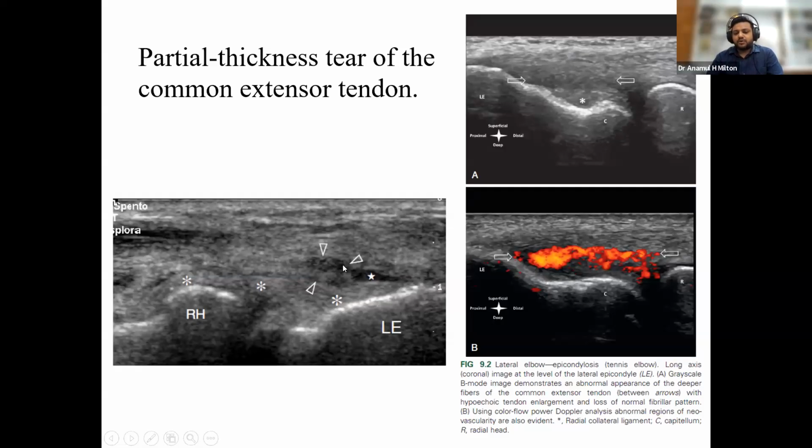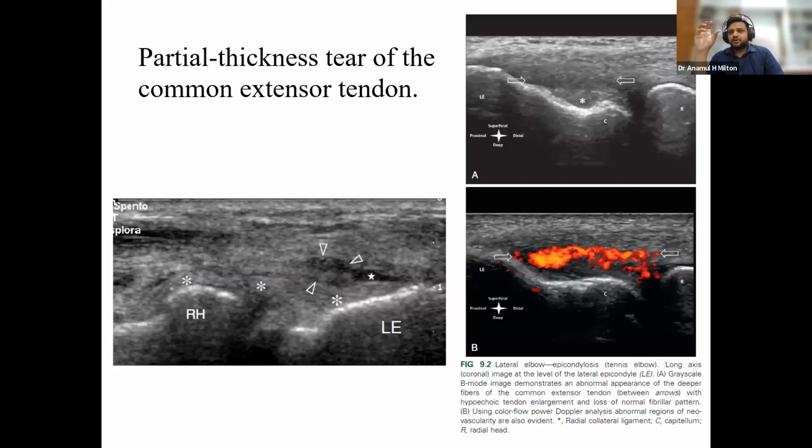Always, when you see some hypoechoic area, the heel-toe maneuver must be performed, because you need to determine whether it is a false finding or there is actually a tear or not.